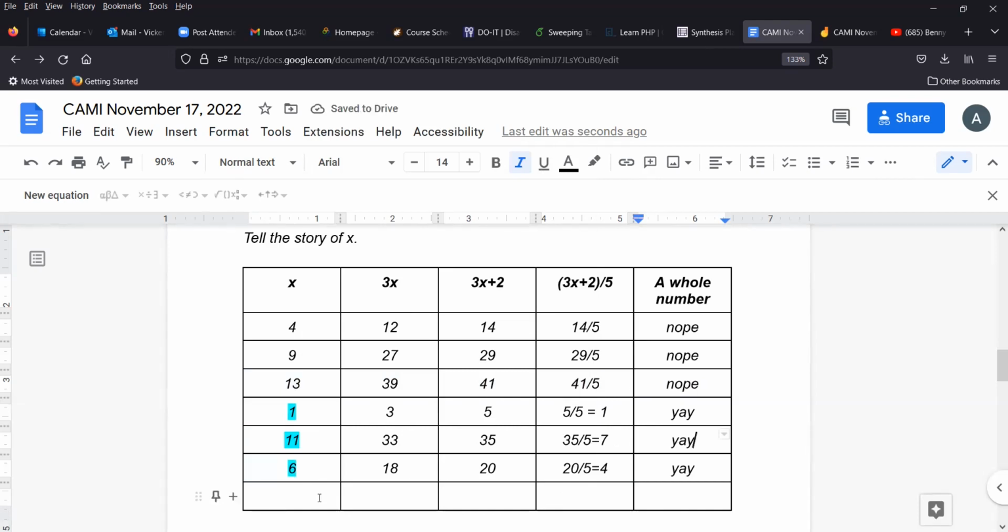Just take a moment and look at the x values that made a whole number in this equation. So 1, 11, and 6. Take a look at the x column, but also take a look at all the columns and see if you notice any patterns or suspect any patterns. 1, 7, 4.